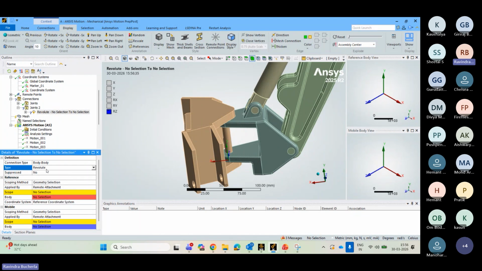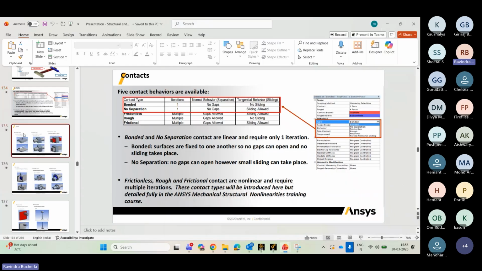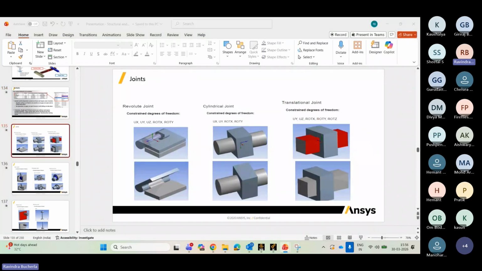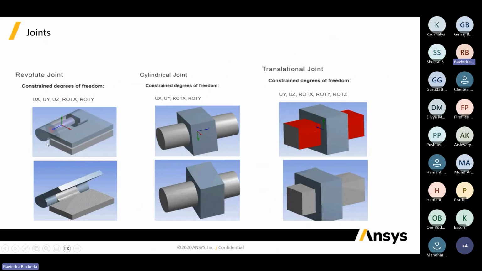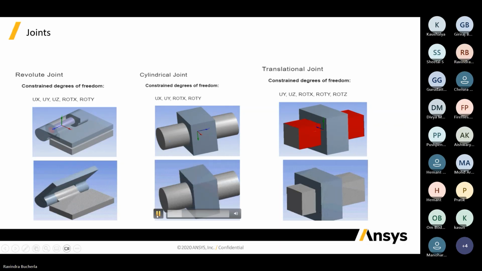So suppose I selected a revolute joint between these two. I will showcase in the presentation as well how these mechanisms will work. So suppose this is a revolute joint. You can see only rotation is allowed. This is a revolute joint, and this is a cylindrical joint. Both rotation and translation are allowed, and this is translation, pure translation. There is no rotation.